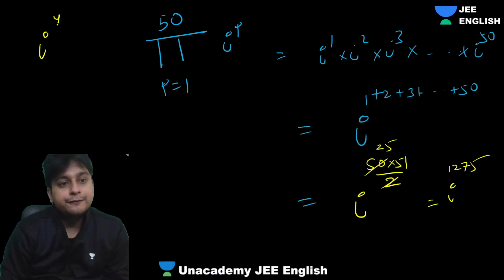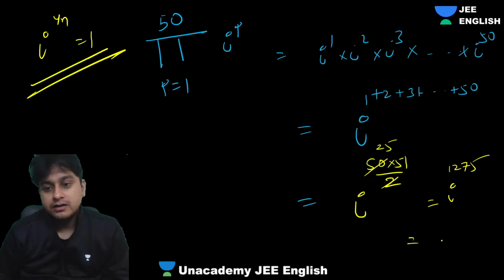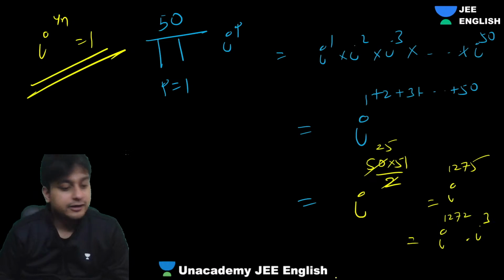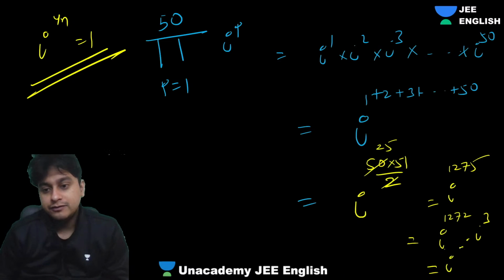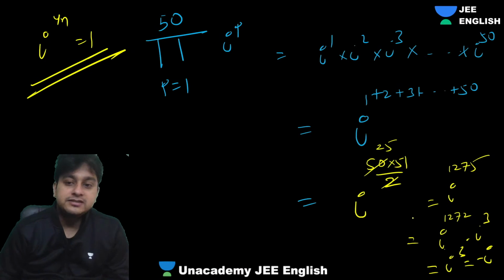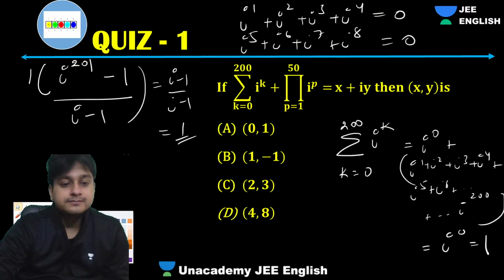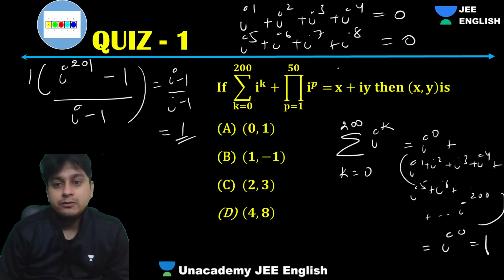Okay, so for 1275, nearest multiple of 4 you have to go to, because i power 4n is 1. So iota power 1272 will be a multiple of 4. This part will be 1, and iota cube will be left, which is nothing but minus iota. So this is coming as minus iota. So overall we are getting 1 minus iota.